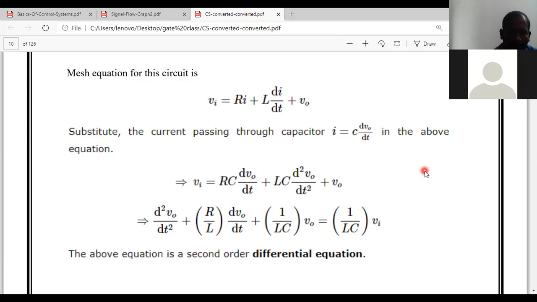So d square V naught by dt square, plus R by L into dV naught by dt, plus 1 by LC into V naught.